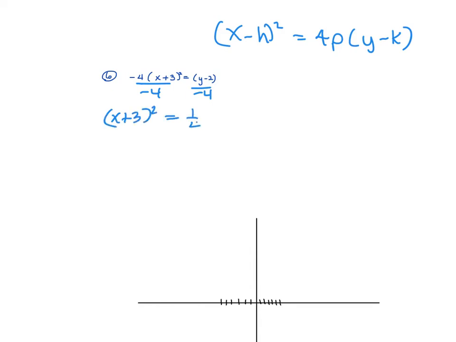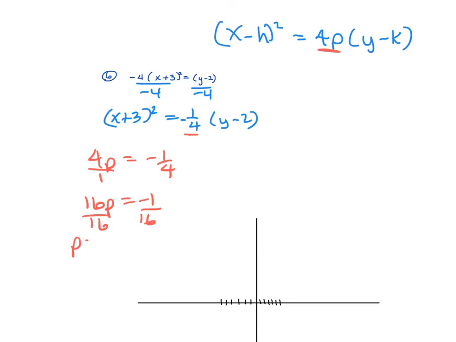And again, let's make it so it's a number in front. So my 4p value is this -1/4. So I need to find p, so I take 4p equals -1/4. Again, I think it might be easier to treat it as a proportion, so put a 1 and cross multiply. 16p equals -1, divide by 16, p equals -1/16.